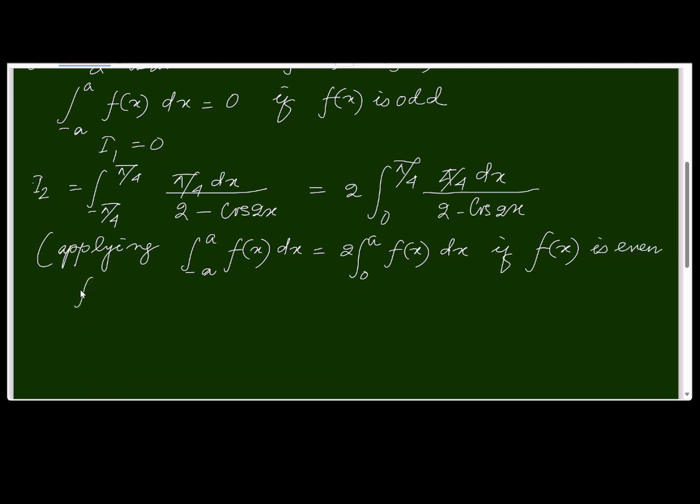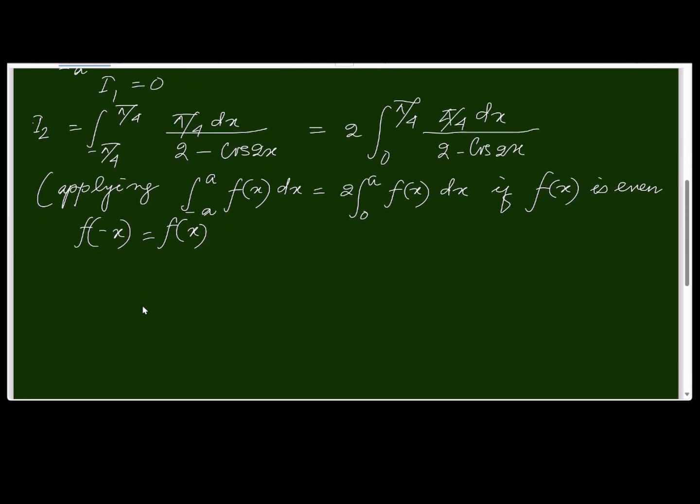It means when f of negative x is the same as f(x). So I2 equals twice pi by 4, I can take outside, the integral from 0 to pi by 4 of dx over 2 minus cos 2x.